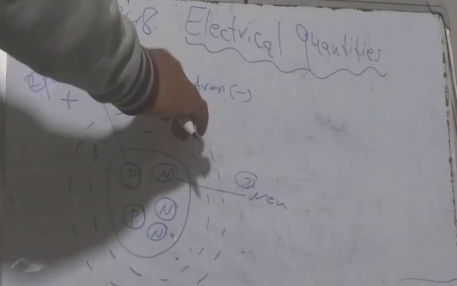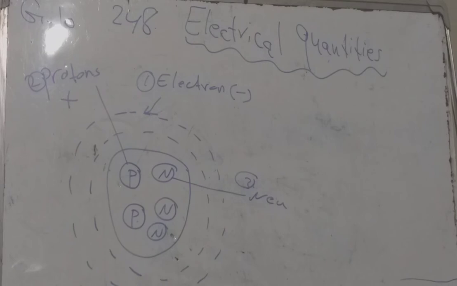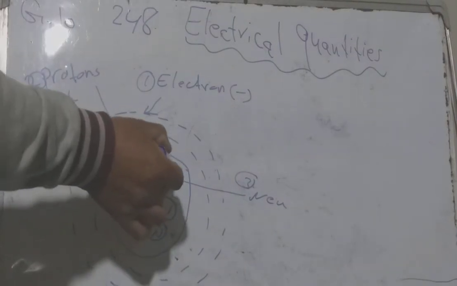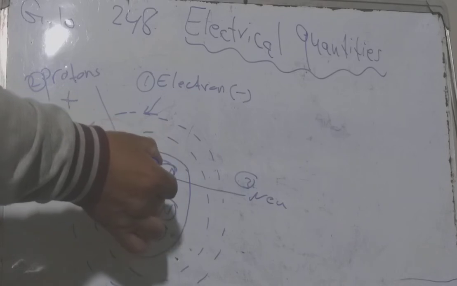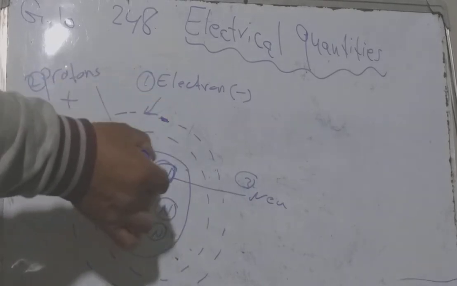So the electron is the smallest one and has a negative charge, and the proton comes with a positive charge. Protons and neutrons have about the same mass, as we can see here. This is the mass of the proton and this is the mass of the neutron. The electron is smaller than both of them.